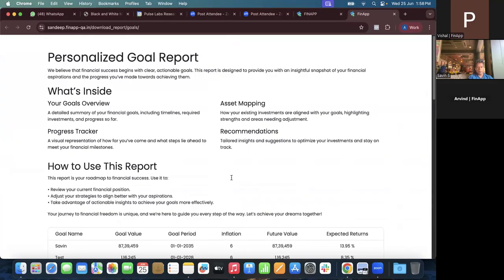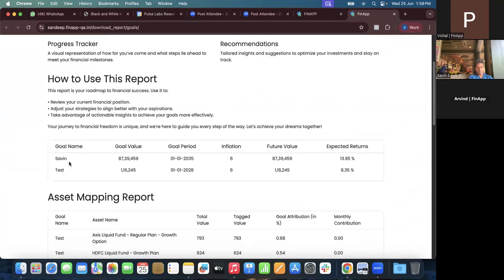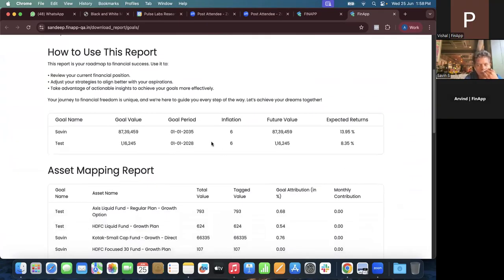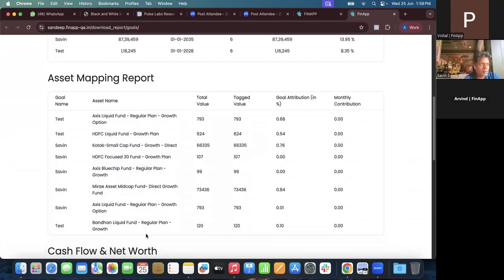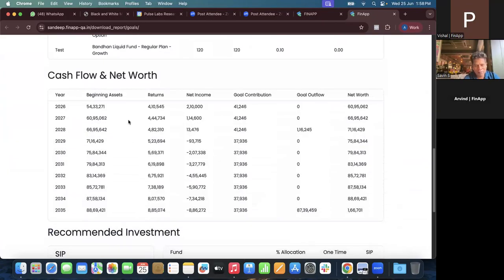Now, there were 2 goals, Seven and test. The amount required for that goal and when they were required. These are the existing funds which we have already mapped, right? And we are also showing two goals.